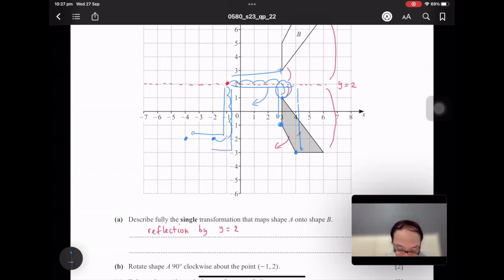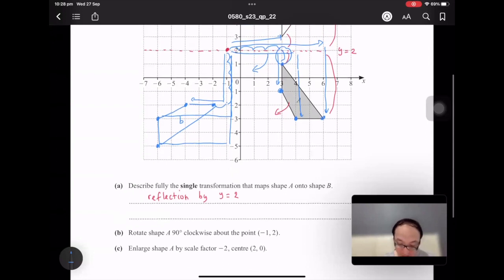And for this, it will be 7 and 5. So the picture will be like this. So this is B, the answer for B.